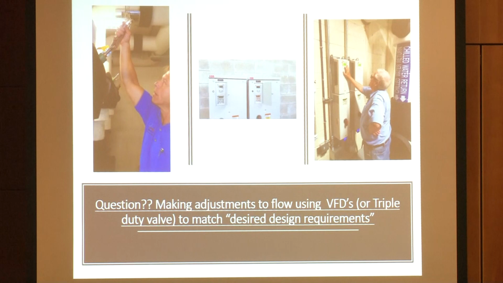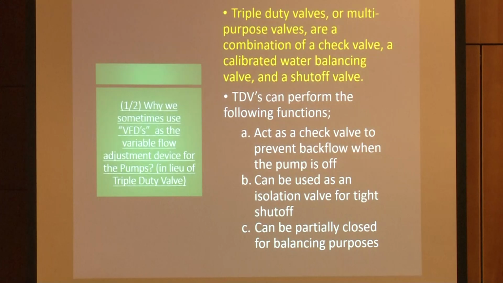The way we make adjustments on the secondary side, again, preferably we're setting the variable frequency drive at the setting we want, but many times we can also do it by using the triple duty valve. The triple duty valves are problematic in that they use energy. Triple duty valves have a lot of functions. They operate as a check valve, an isolation valve, but they also can be used for balancing.